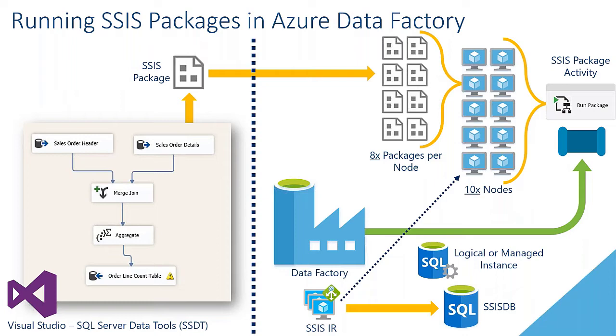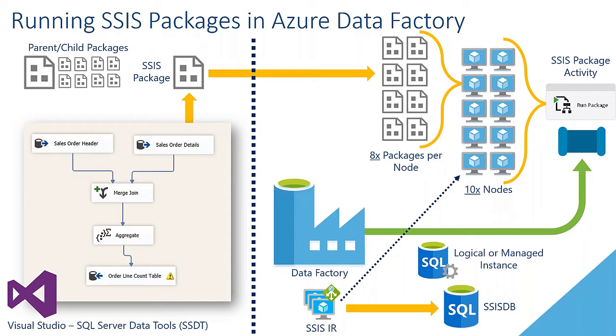Now, there's 2 points to this slide. The first is, of course, how we actually get our SSIS packages running in Azure using the various components. But the other thing I want to allude to is this idea of scaling out that package, because we may have a scenario whereby we've created a parent SSIS package that then calls lots of child packages.